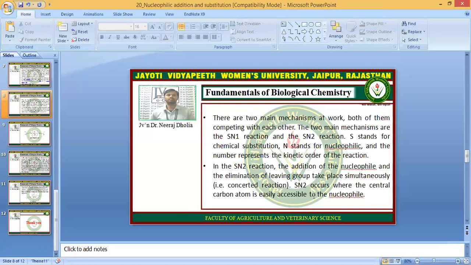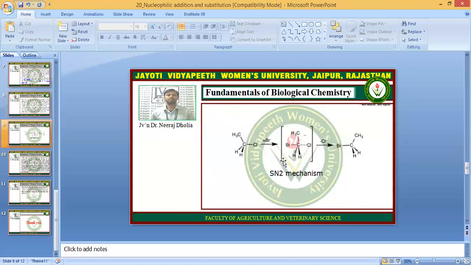SN2 occurs where the central carbon atom is easily accessible to the nucleophile. So there is no steric hindrance at this carbon, and it is easily accessible to the nucleophile. So in the SN2 mechanism, the addition of the nucleophile and removal of the leaving group take place simultaneously.